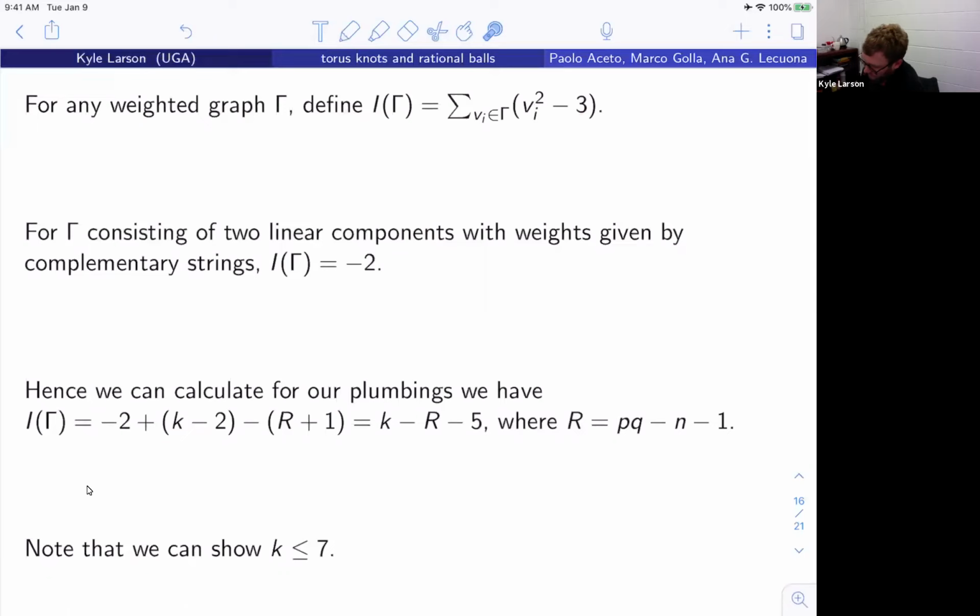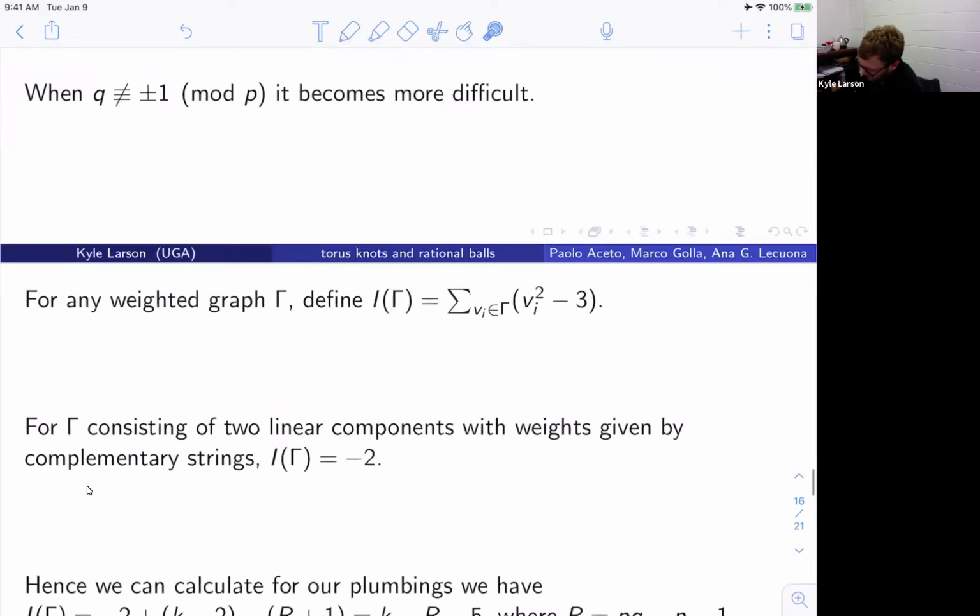Okay, so we can actually compute I of gamma for our plumbings, and here we use that we have these two strings, these complementary strings. If we have a graph that consists of two linear components with weights given by complementary strings, then you can check that I of such a graph is -2.